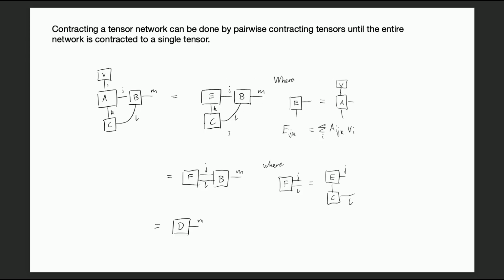Then you get this reduced tensor network here. Then you can contract the E and the C tensor together pairwise to get this F tensor, what I've called F. And then finally contracting the F and the B tensor together to get this D tensor.